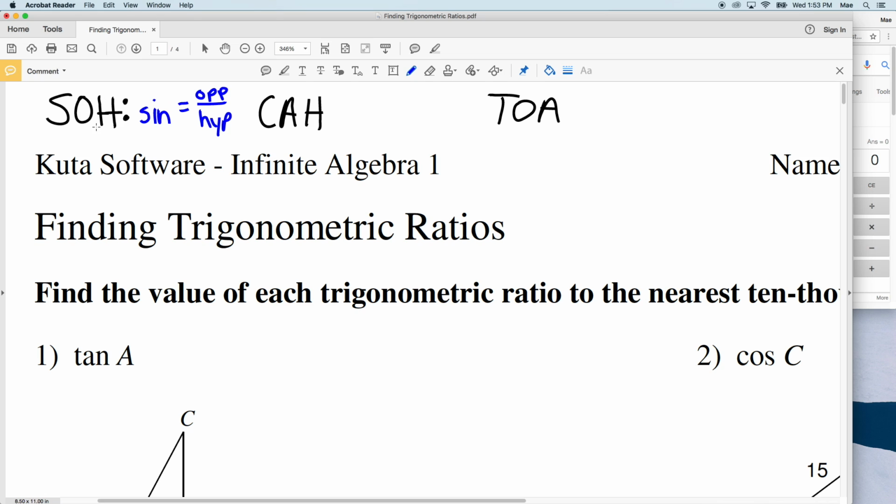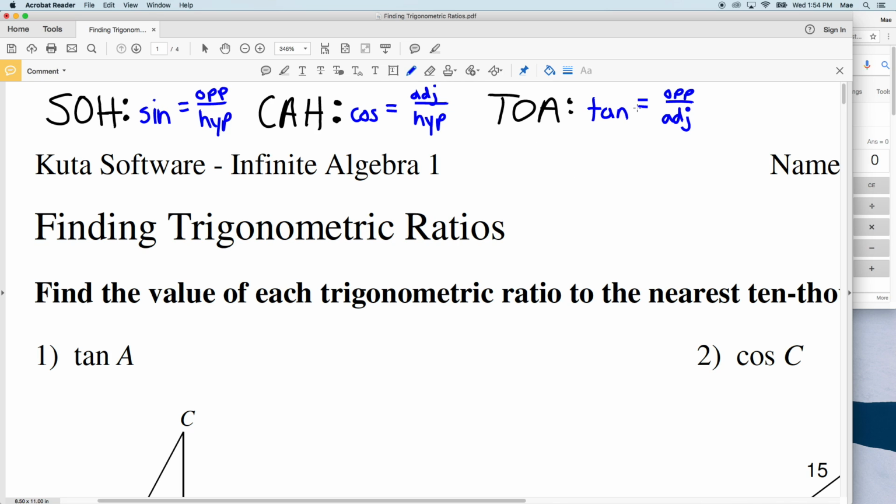O is for opposite, H hypotenuse, and S is for sine. For CAH, it's cosine, C, equals adjacent, A, over hypotenuse, H. And then lastly, TOA. Tangent equals opposite, which is the O, over adjacent, which is the A.